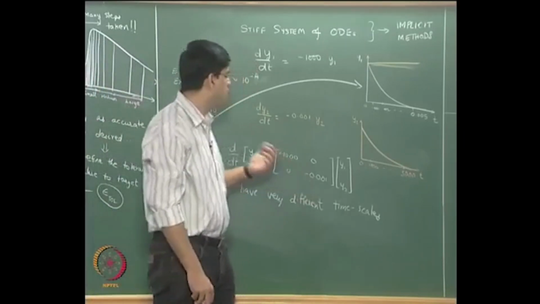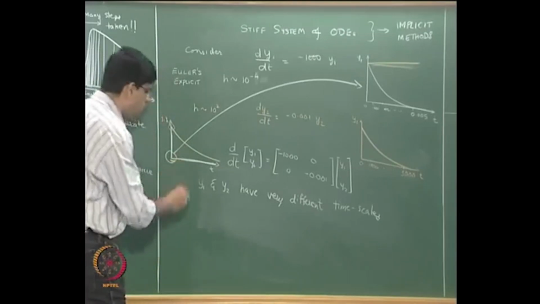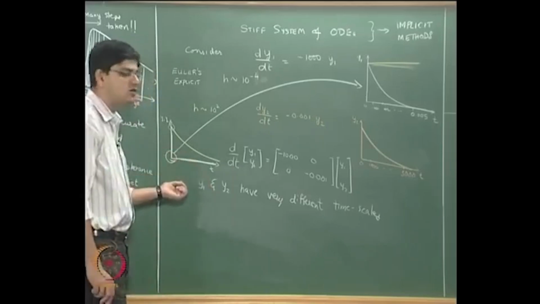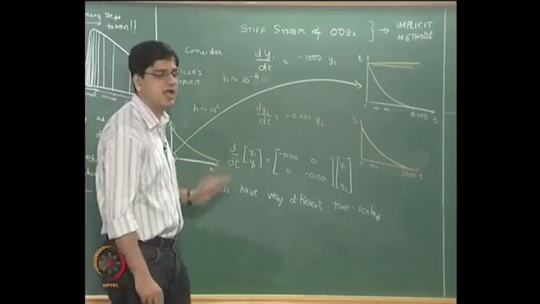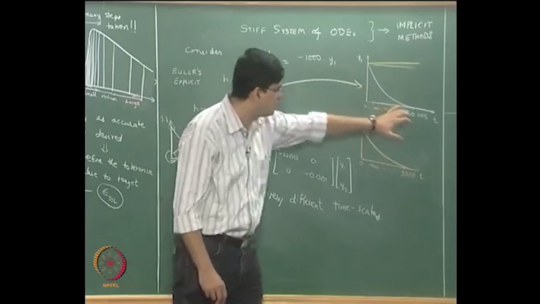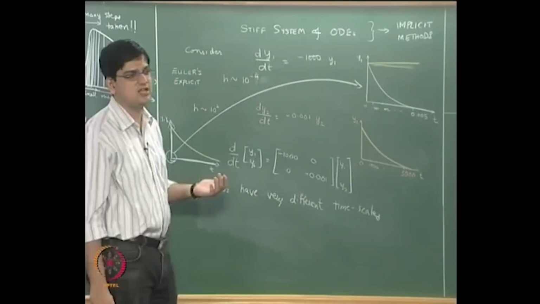In order to get a more accurate solution in this initial region, through adaptive step sizing we can take a lot of steps in this particular region, and in the rest of the region we can take much larger steps, so that both the evolution of y1 as well as the evolution of y2 we will be able to predict fairly well.